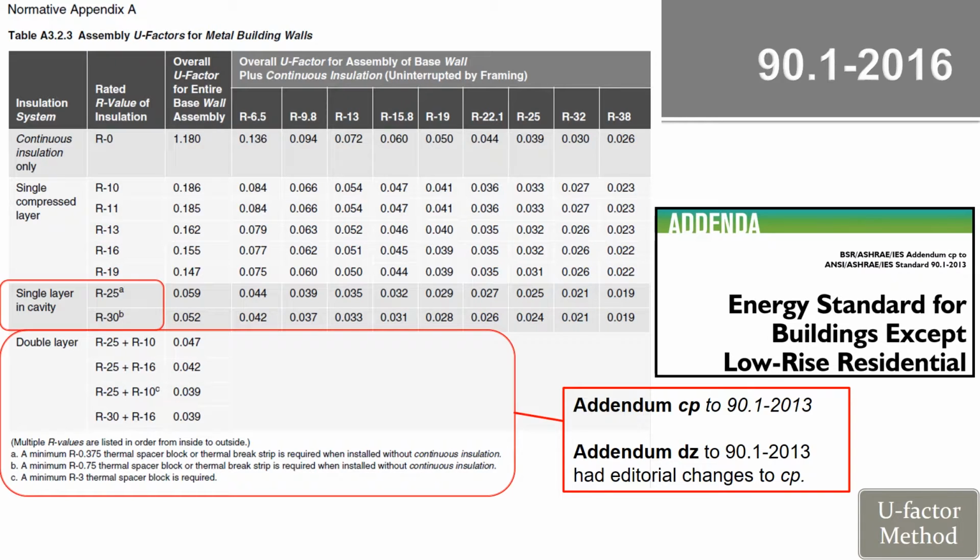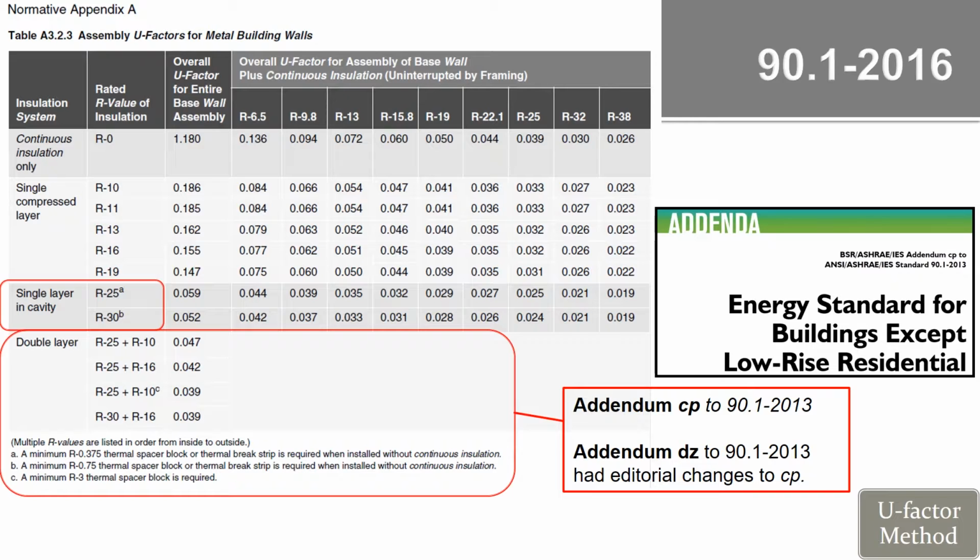Single layer in cavity has a note A and B. So note A, you would have a very thin strip of a thermal spacer block or a thermal break strip tape to meet the R value of 0.375, and then note B would have 0.075 for a thermal spacer block for that system.